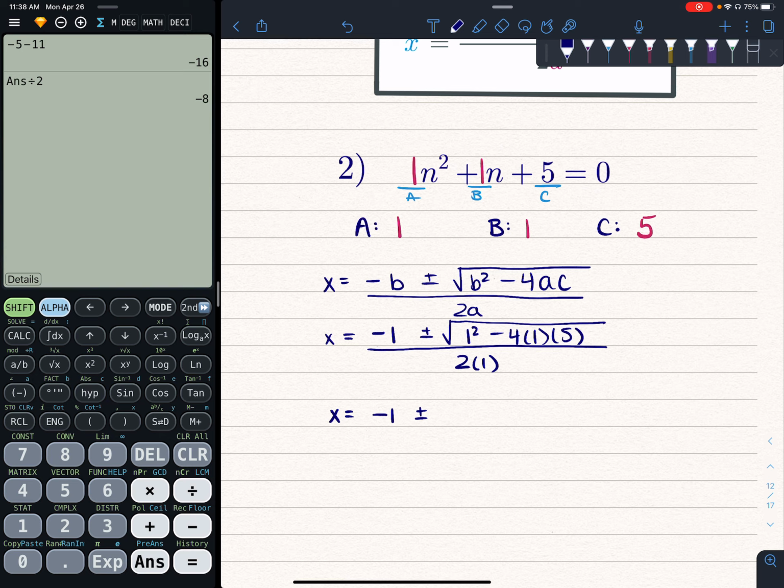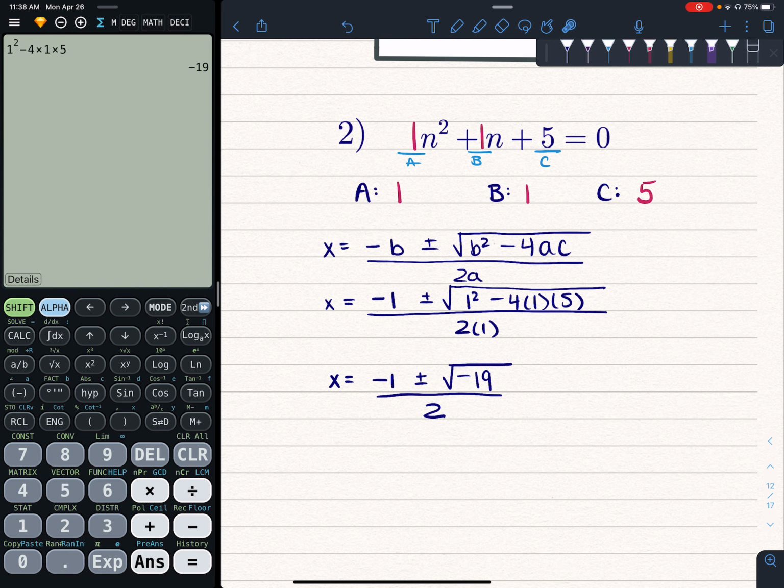Okay, so now we're going to take this square root situation. So we have 1 squared minus 4 times 1 times 5. And at this point, we're getting the square root of negative 19. And that's a problem.